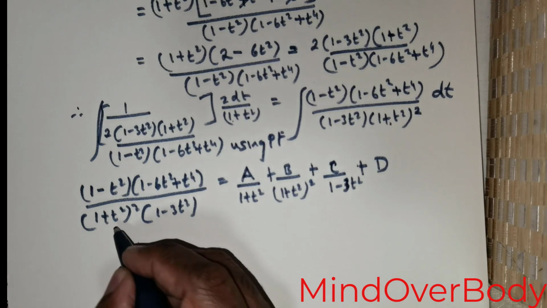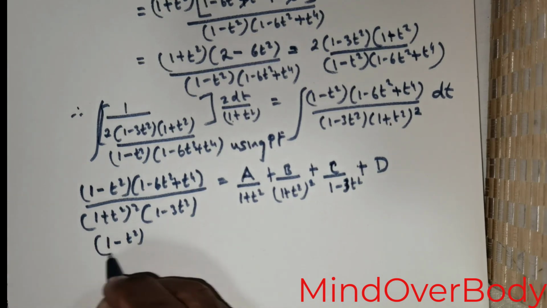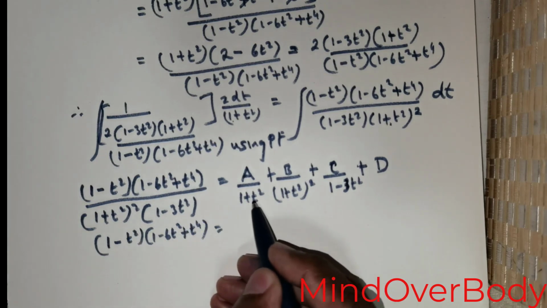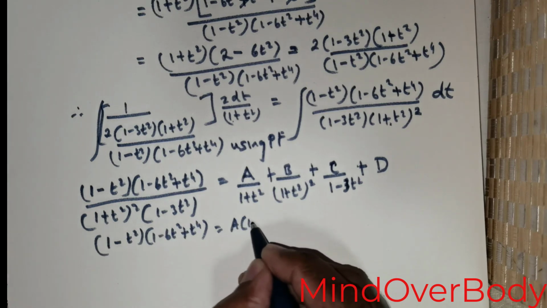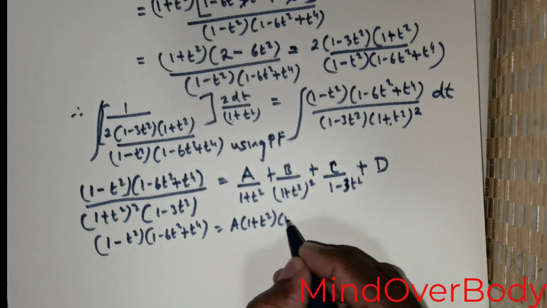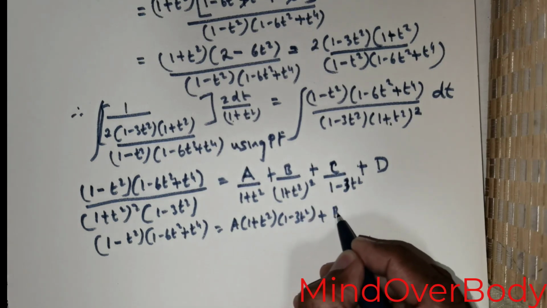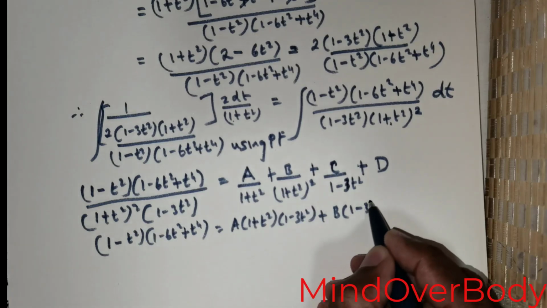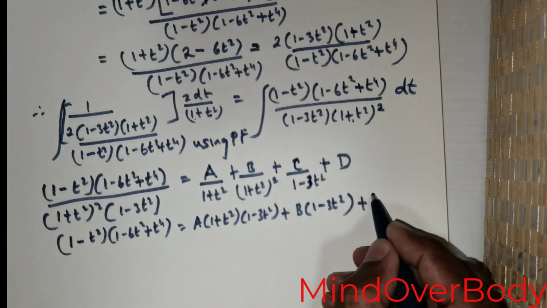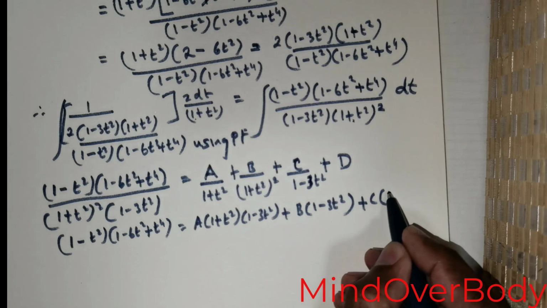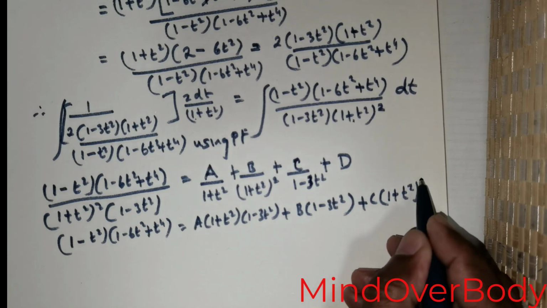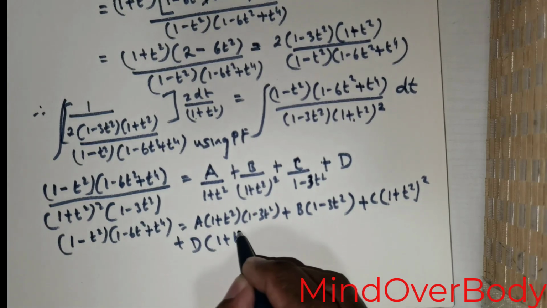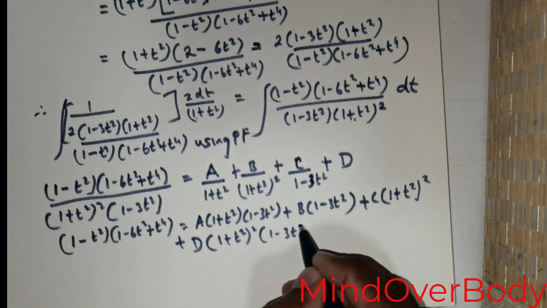So if I were to cross multiply, I would get (1 − t²)(1 − 6t² + t⁴) to be equal to A(1 + t²), where the (1 + t²) gets cancelled, leaving (1 + t²)(1 − 3t²), followed by B times, so (1 + t²)² and the term over here gets cancelled, giving me (1 − 3t²), followed by C times (1 − 3t²) gets cancelled, giving me (1 + t²)², followed by the term D, which will involve all other terms: (1 + t²)²(1 − 3t²).